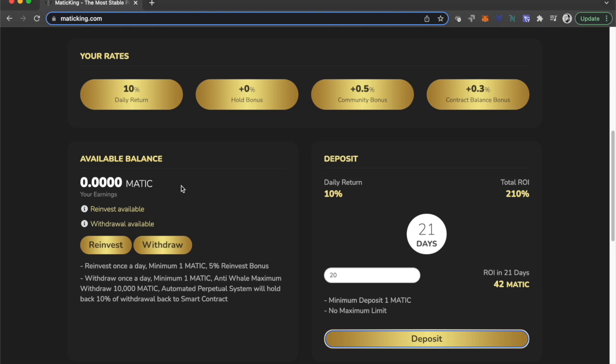So over the next hour or so, I'm gonna watch this and do some calculations. 20 at a return rate of 10%, every day I should get 2 Matic out of this. So 2 divided by 24 hours, I should get 0.083 in that column after an hour.